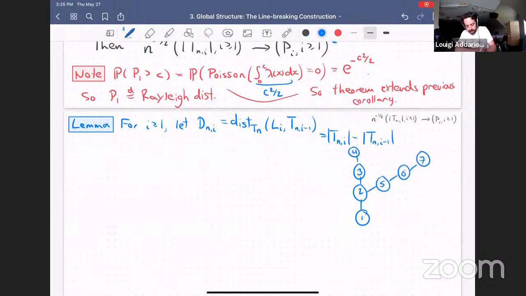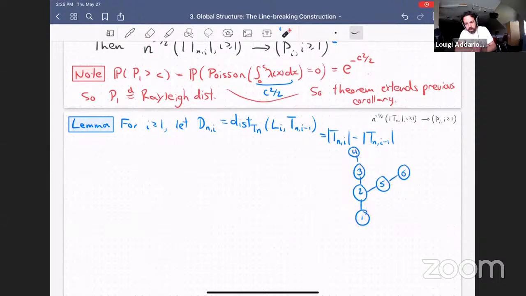So if this was the tree, then dn1 here is 3. The distance from this leaf to the root, which is the 0th tree, is 3, and then the distance from the second leaf to the first tree is 2.